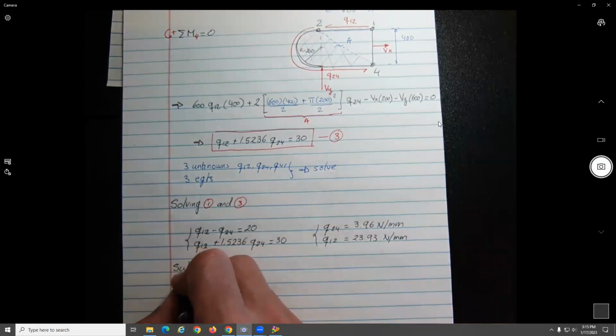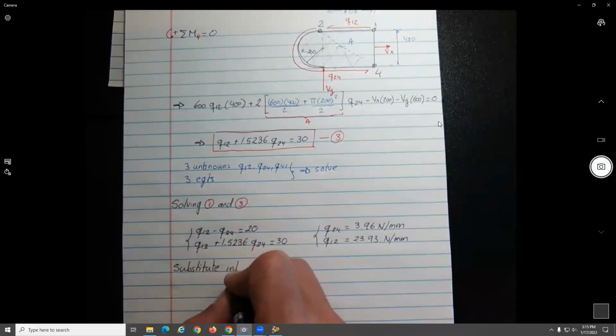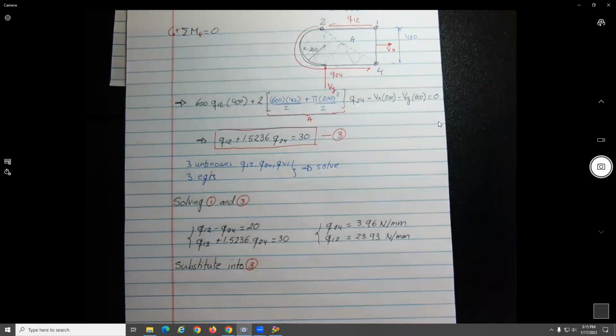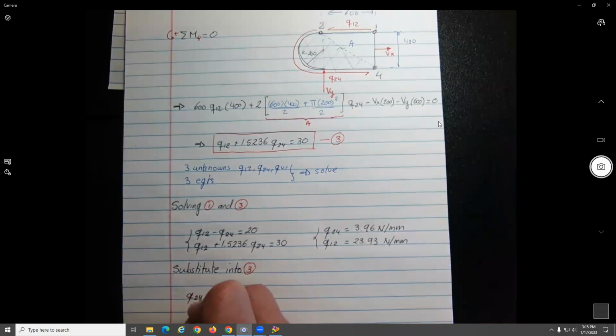Finally, you substitute into 3. What you're going to get is Q24 and Q41 equal to 20.